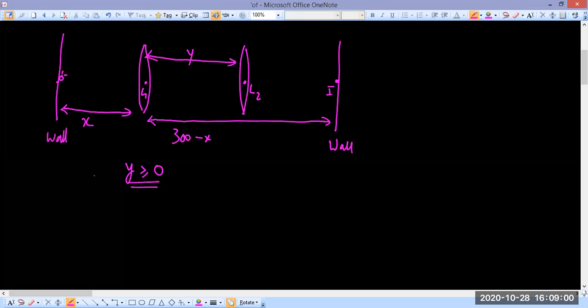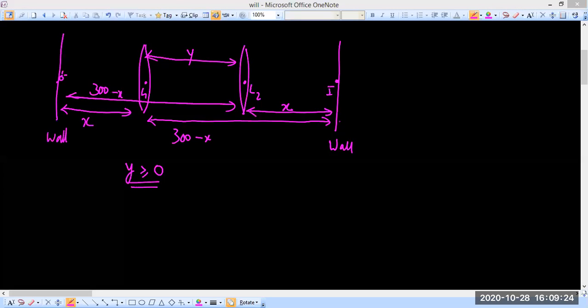It's a very common sense thing. And also that when you put it in this position, this distance would become x and this distance would become 300 minus x, right? This is what we have already talked about earlier.